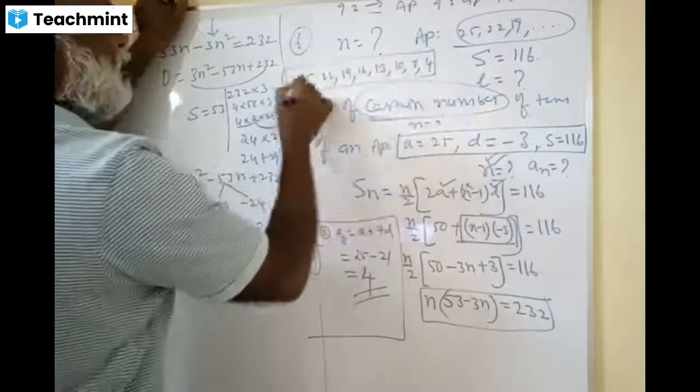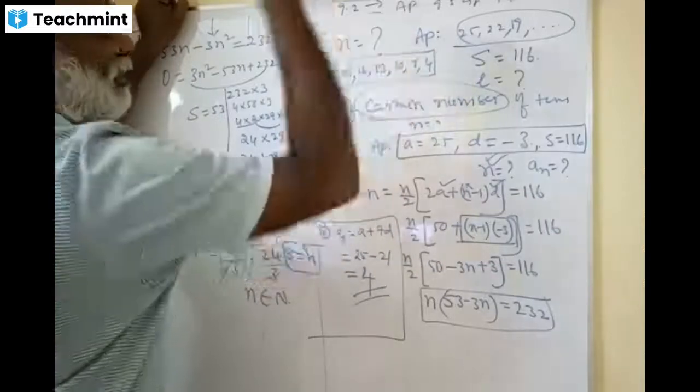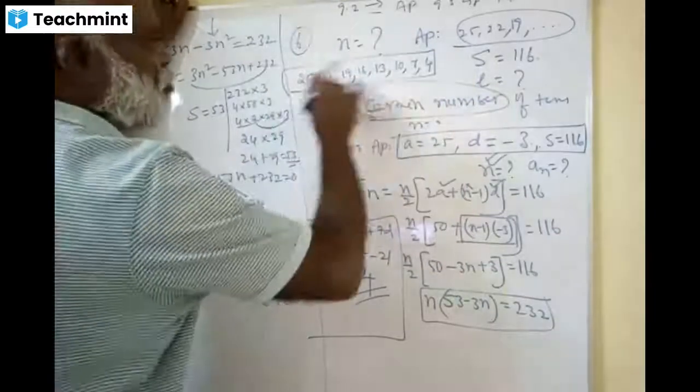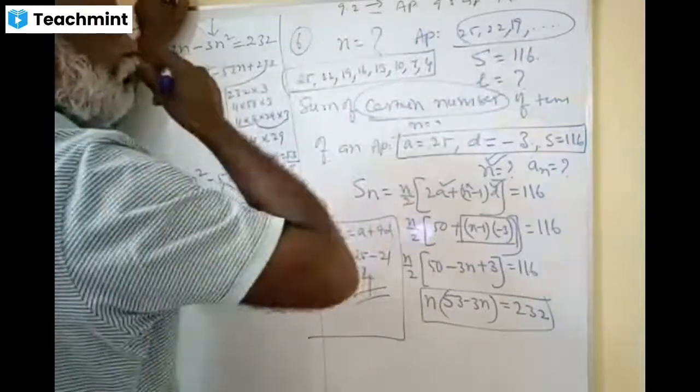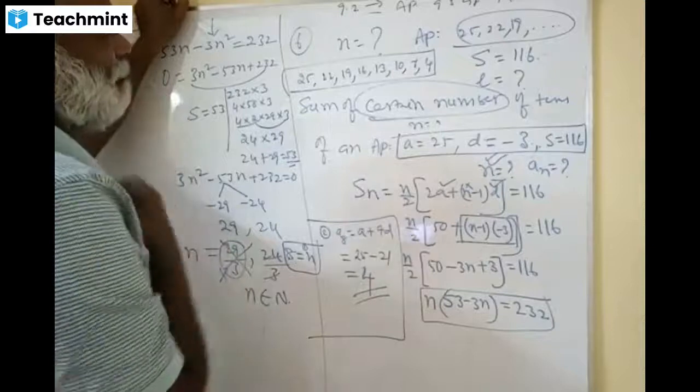This is my 8th term. 1, 2, 3, 4, 5, 6, 7, 8. In the 8 terms, our sum is 116.